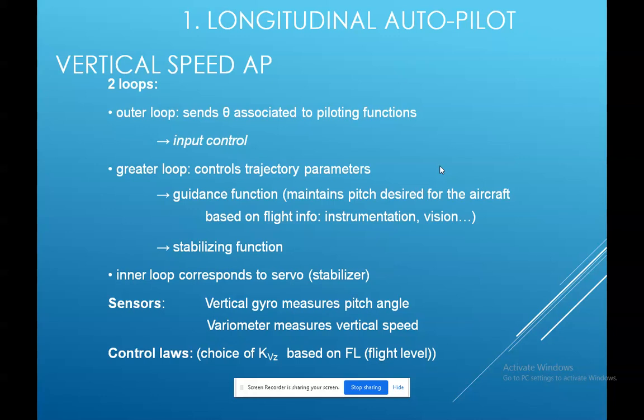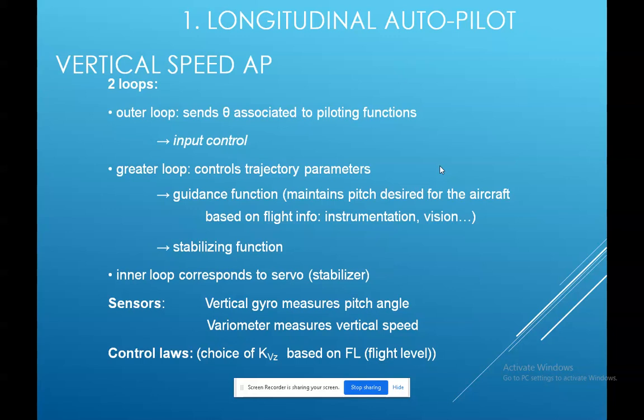Then the greater loop will have the control's trajectory parameter and guidance to the aircraft system about the flight information, vision, instrumentation, everything will be given in the greater loop, which will be used for stabilizing also. And then the inner loop is responsible for stabilizing the servo.